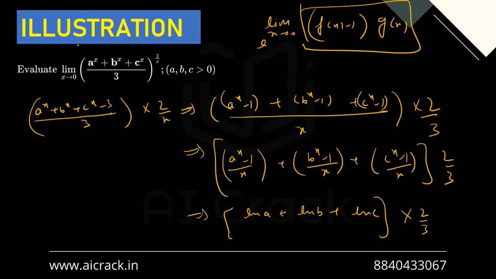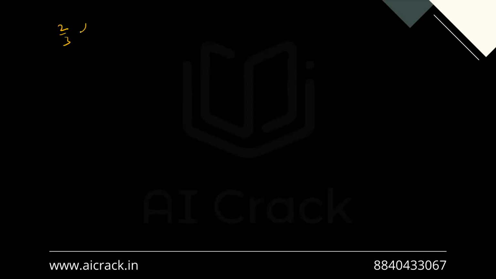Now if we use the log properties over here, we'll be getting 2/3 ln(abc). Now 2/3 can be raised as a power over here because of the log property. Once again, we're getting ln((abc) raised to the power 2/3).